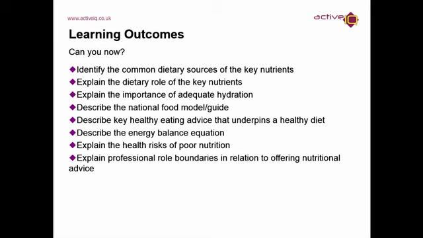And we should be able to also describe key healthy eating advice that's going to help our clients to be healthy. We know about the balance of energy and how that can help us to gain weight or lose weight. And we should know about the potential risks of poor nutrition and exactly what nutritional advice we can offer as a level 2 fitness instructor.